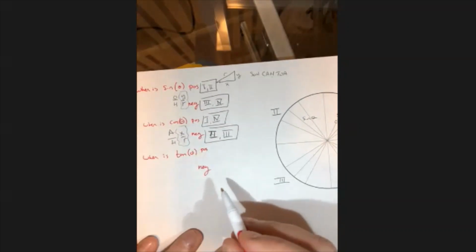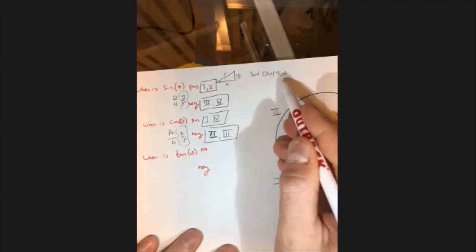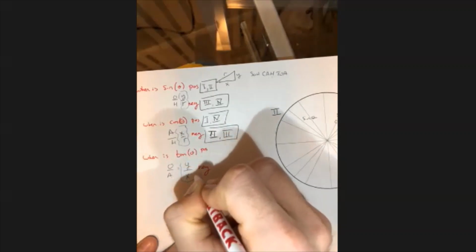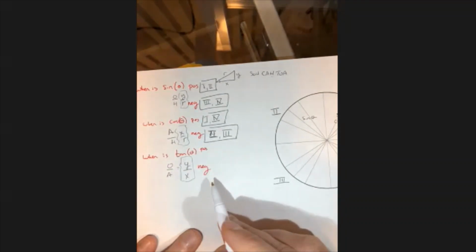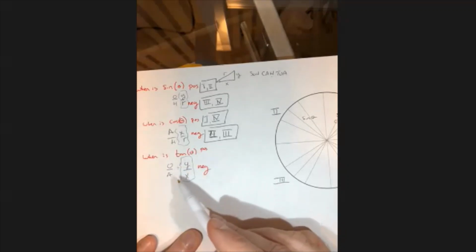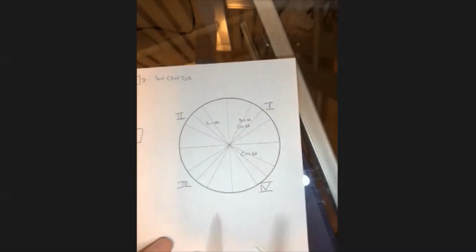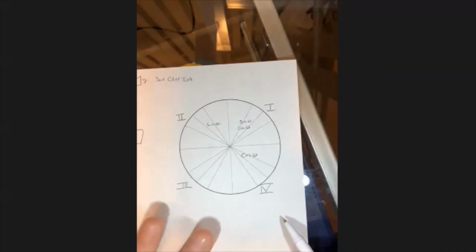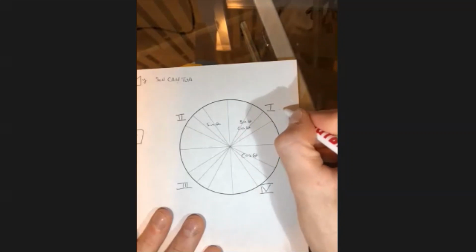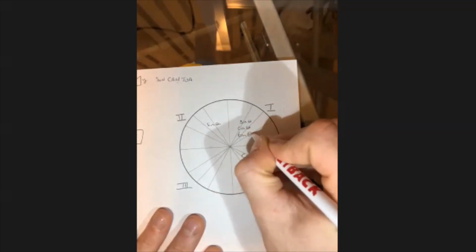Tangent. When is tangent positive? Well, tangent is opposite over adjacent, which means y over x. And so when is something divided by something positive? I know positive divided by a positive is positive, and a negative divided by a negative is positive. So when x and y both have the same sign. Quadrant 1, I have a positive x and y, which make positive.